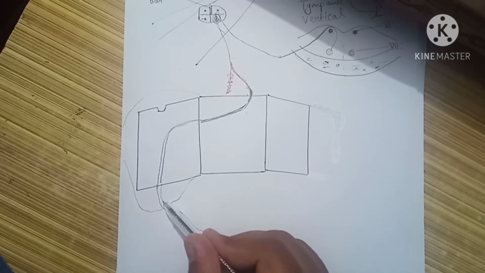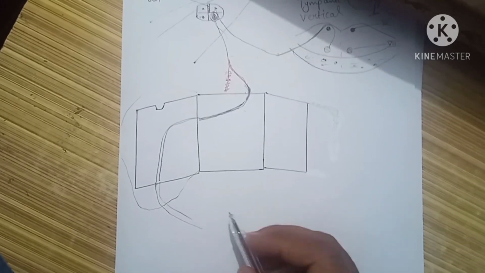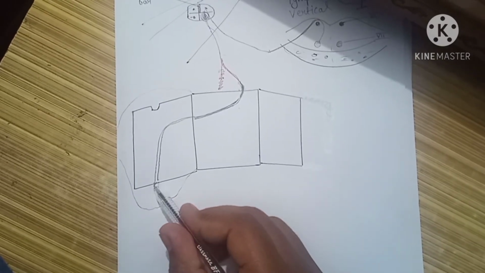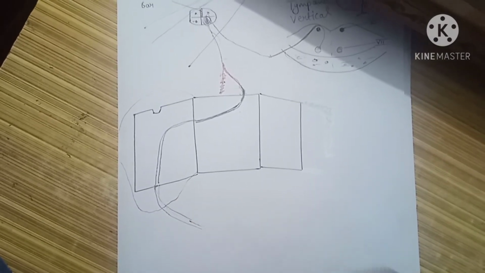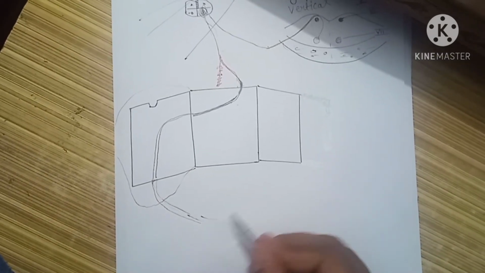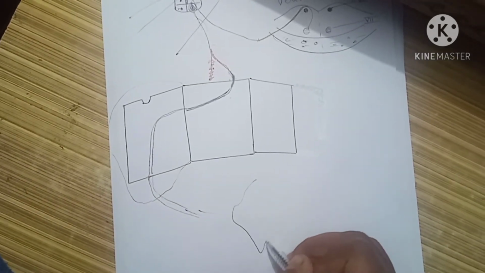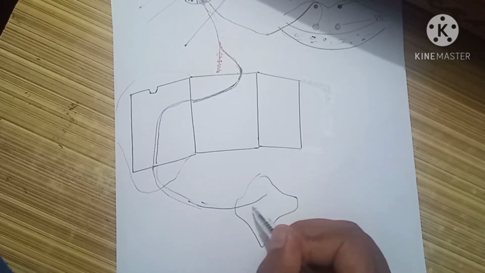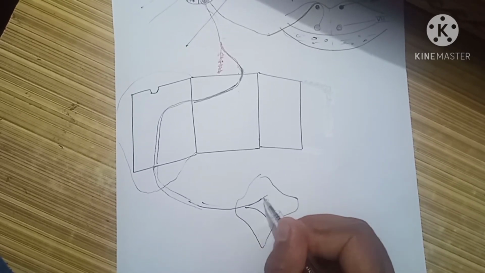The final segment is the extracranial segment. Now this extracranial part, okay, it passes through the stylomastoid foramen and then comes out lying medial to our styloid process, and then passes through the substance of the parotid gland. While passing through the substance of the parotid gland, it divides into two branches.